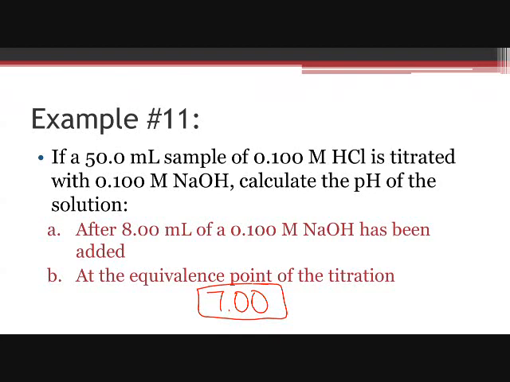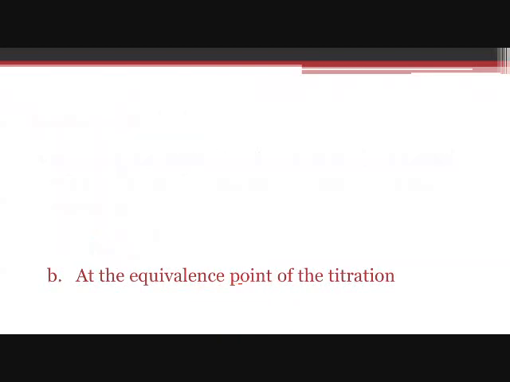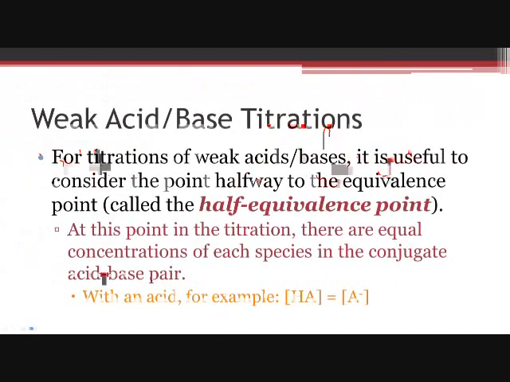So now let's talk about another situation. Let's do it with a weak acid and a strong base situation. Okay, so when you have weak acids and bases involved in titration, it's also useful to consider the halfway point to the equivalence point, called the half equivalence point. At this point in the titration, there are equal concentrations of each species in the conjugate acid-base pair.